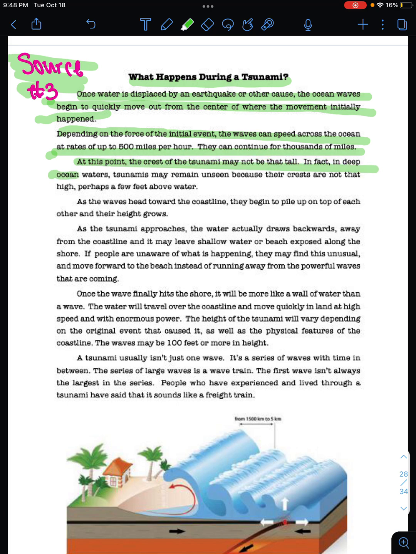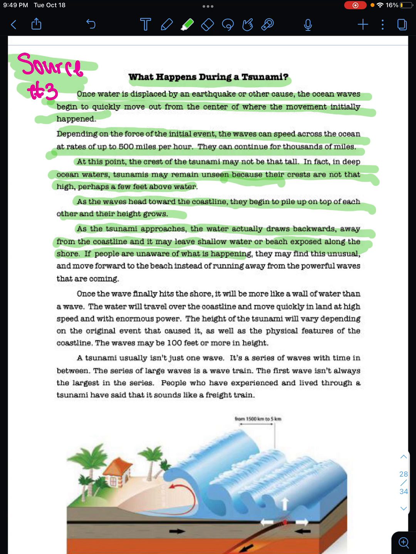In fact, in ocean waters, tsunamis may remain unseen because their crests are not that high, perhaps a few feet above water. As the waves head toward the coastline, they begin to pile up on top of each other and their height grows. As the tsunami approaches, the water actually draws backwards away from the coastline, and it may leave shallow water or beach exposed along the shore.